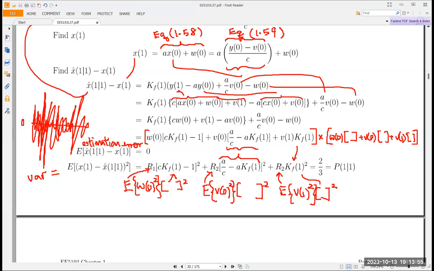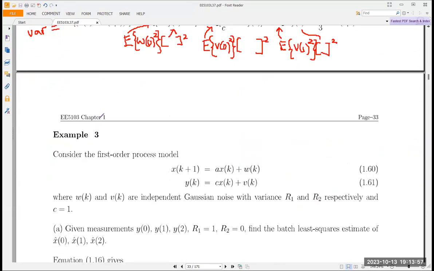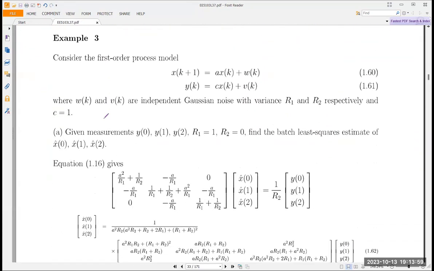Okay, example 3. Example 3 says, again, this is your process model. This X would be, let's say, again, your temperature inside your body. This Y is the temperature that you measure using your temperature gun.